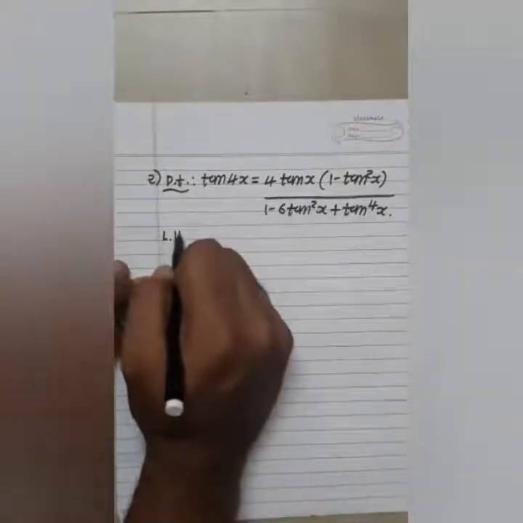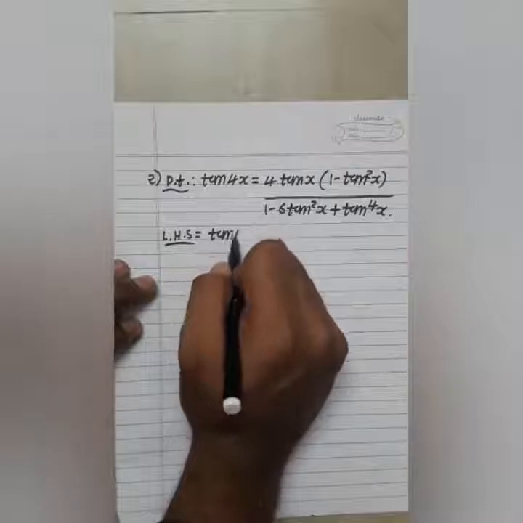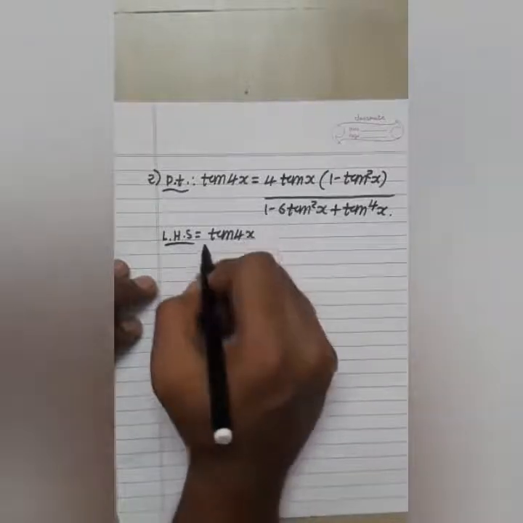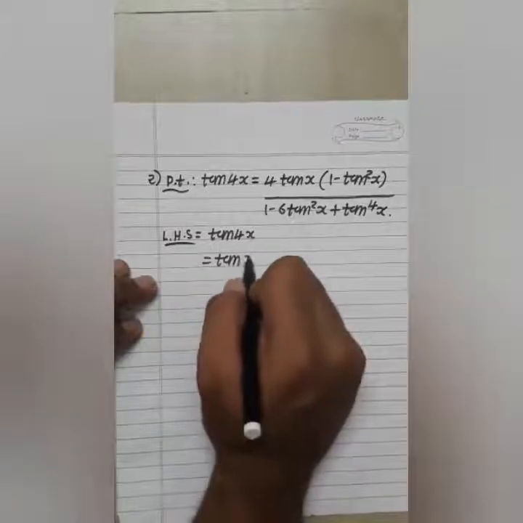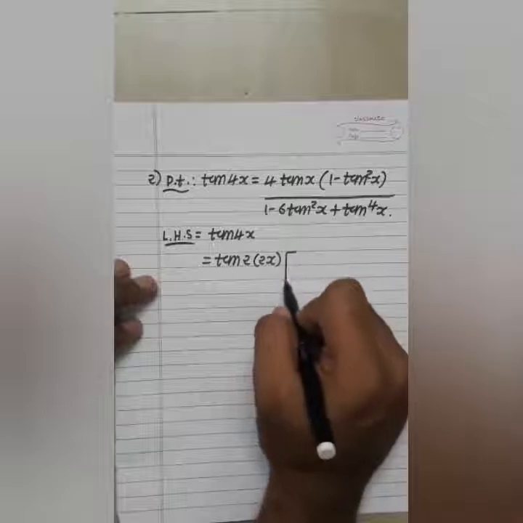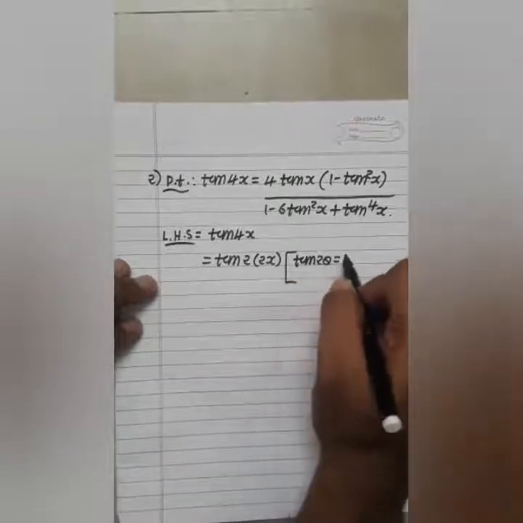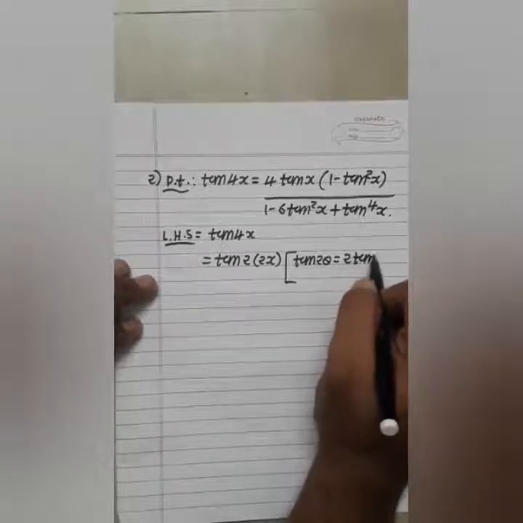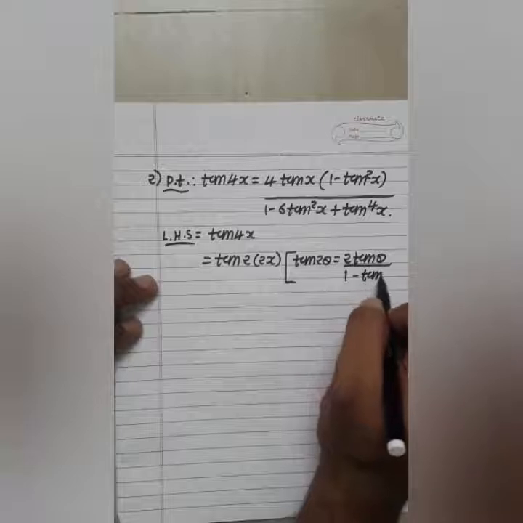So again start from the LHS side. Tan 4x. Now tan 4x, in place of it write tan into bracket 2 into bracket 2x. Now here write the formula tan 2 theta is equal to 2 tan theta upon 1 minus tan square theta.